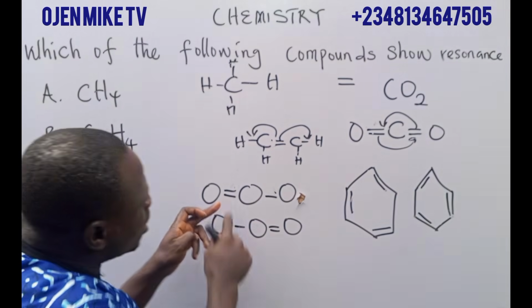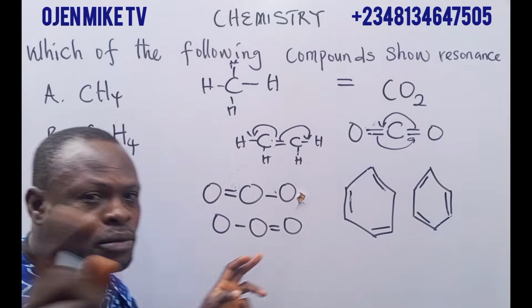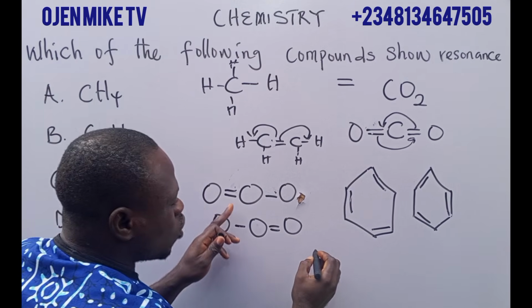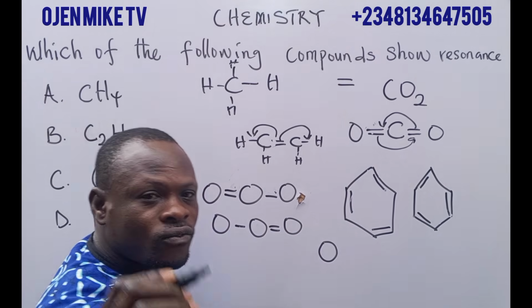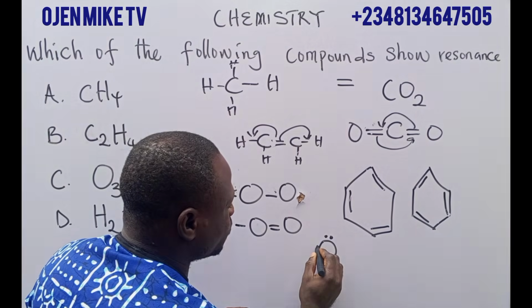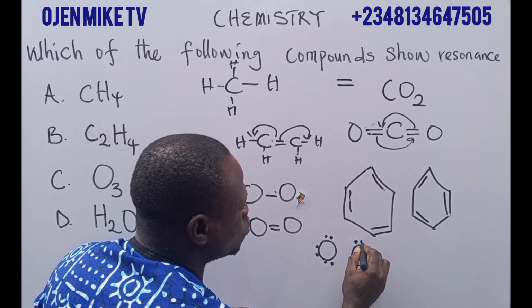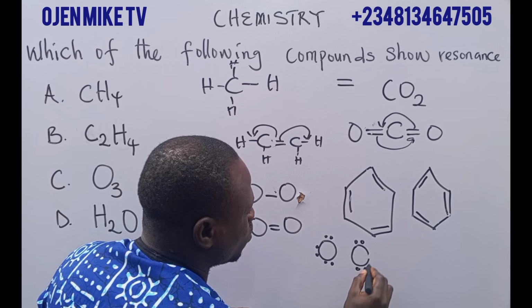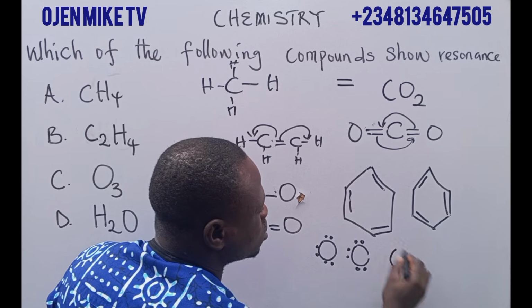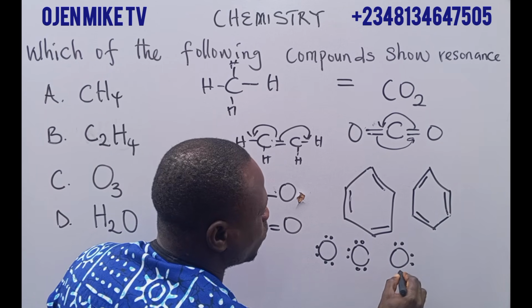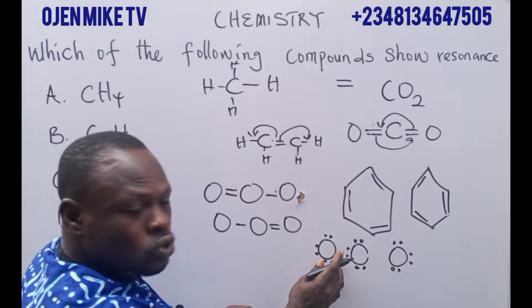Now you might be asking, why do you need to write it like that? Let me just break it down. If you look at oxygen here, oxygen has 6 valence electrons: 1, 2, 3, 4, 5, 6. Another oxygen, 6 valence electrons. Another oxygen, 6 valence electrons. This one needs 2 to pair.